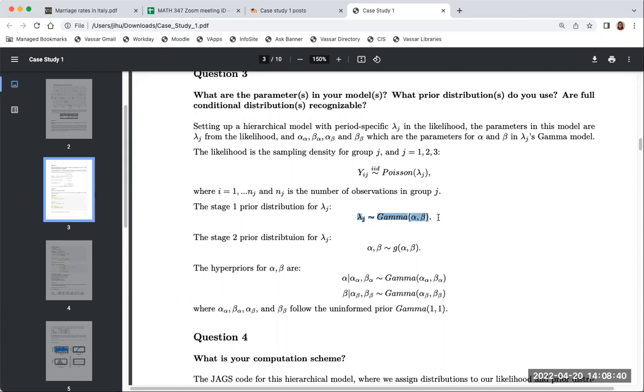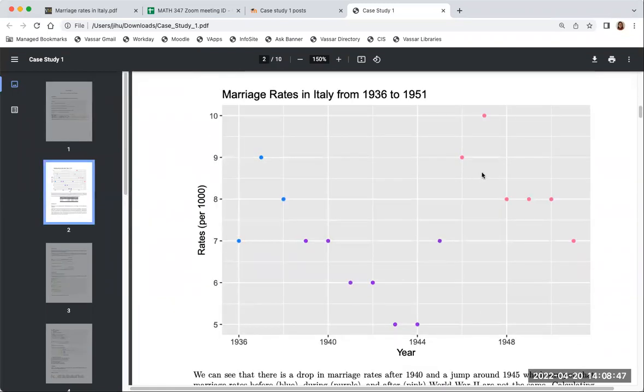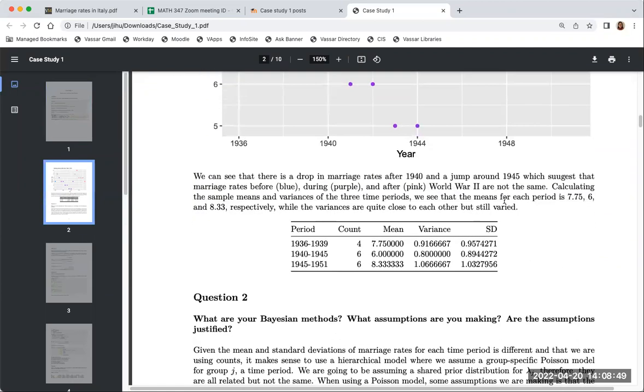But for this data set, each group has only around 5 data points, so we want to add some nuances. If you don't have a hyperprior for alpha and beta, the rate of update is kind of slow. I see. Yeah, good point.